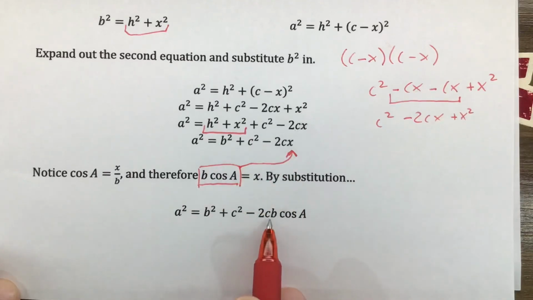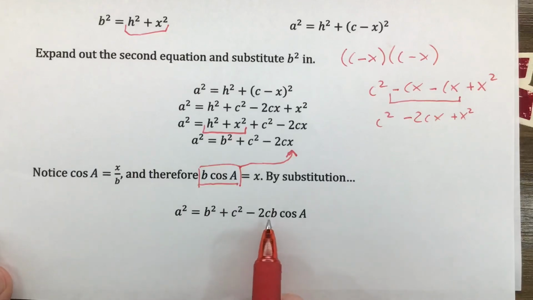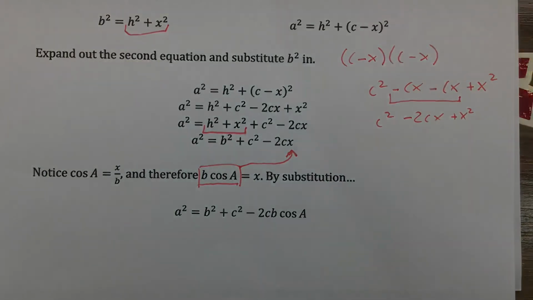You've got your c value, and now we're putting in b cosine a. The only thing different about this versus how we normally write the law of cosines is that these two letters are backwards. But that doesn't make a difference. That's called the commutative property. You can multiply in any order and it's fine. So we would just flip-flop those, and now it matches perfectly.